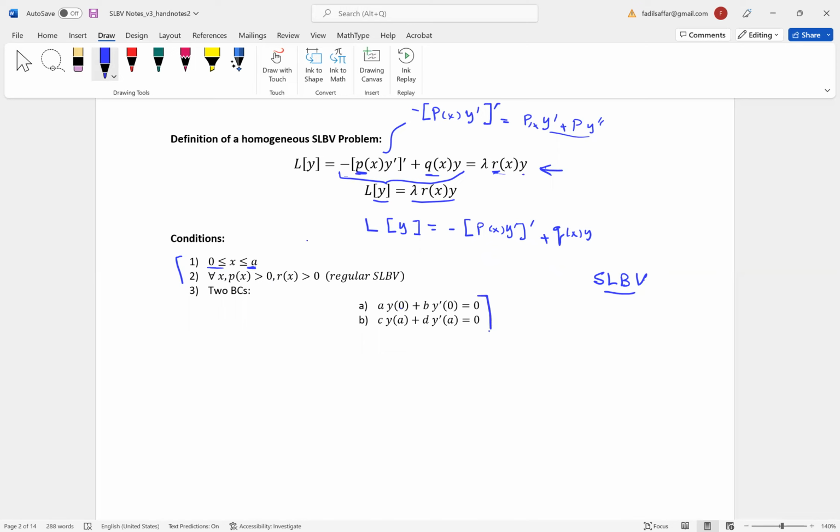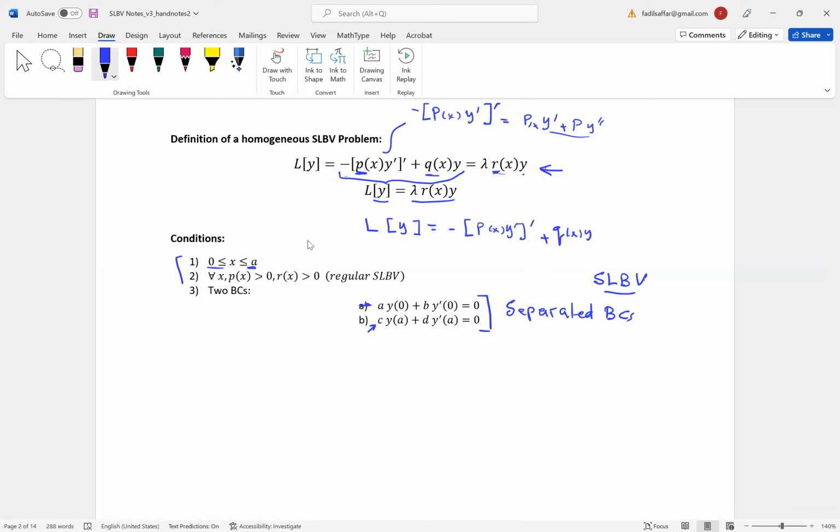I want to highlight that this part is what we call separated boundary conditions. All that means is that the boundary condition given at 0 is not mixed with the boundary condition at a. They are independent. They are given here in their very general form, in which we have the function itself plus the derivative of the function.